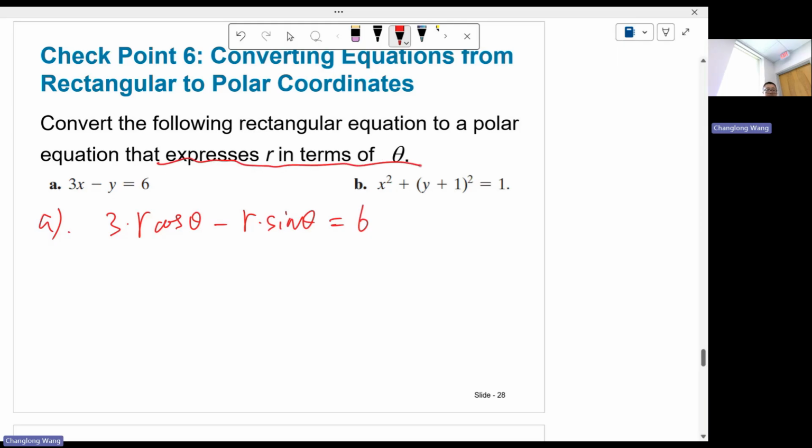But they want you to express r in terms of theta. That means isolate the r. You can do that by factoring out the r, so 3 times cosine theta minus sine theta in the parentheses. So you divide out this part, and you're looking at r equals 6 over 3 cosine theta minus sine theta.